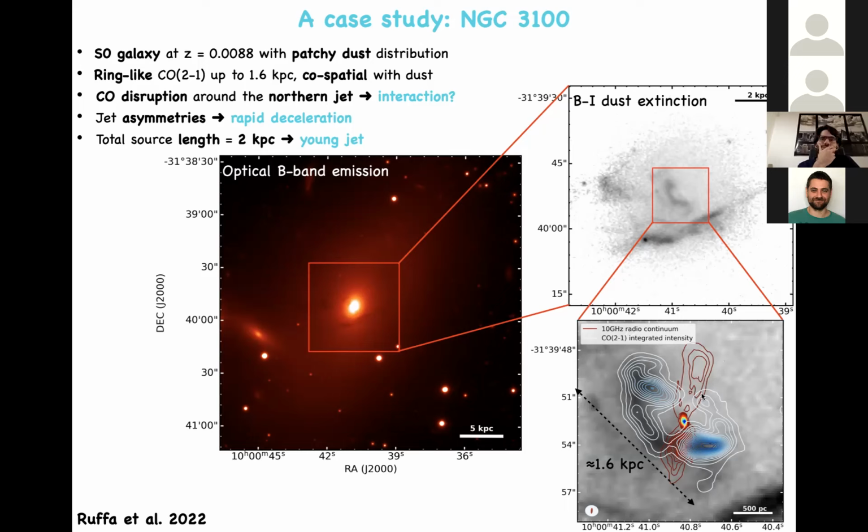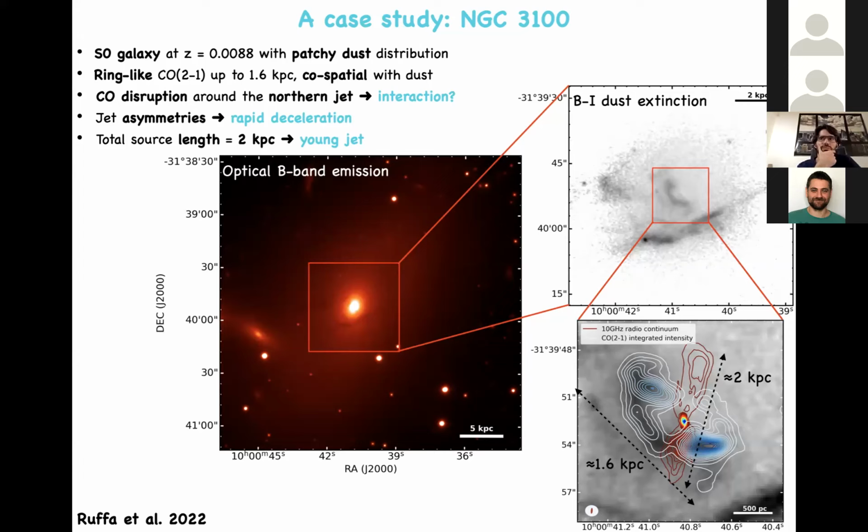In addition to that, the radio jets show clear asymmetries both in the surface brightness and the morphology, indicating that they have likely decelerated very close to the region where they are launched. And the total length of the radio jet is only 2 kiloparsec, and there is no other evidence for larger scale radio structures.